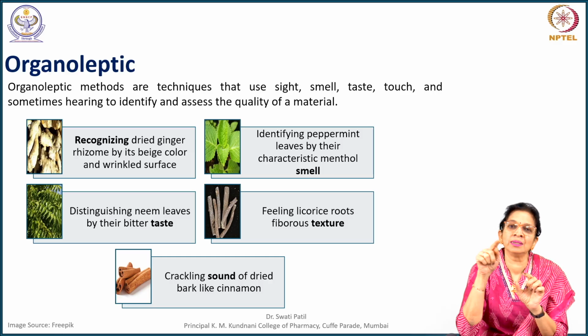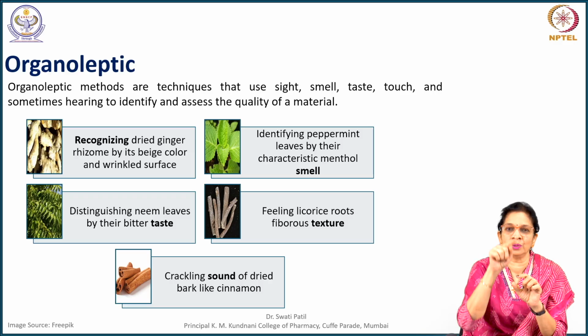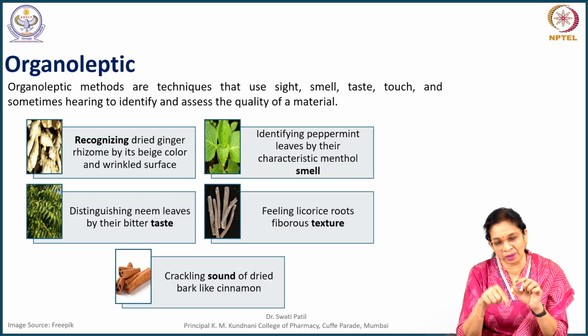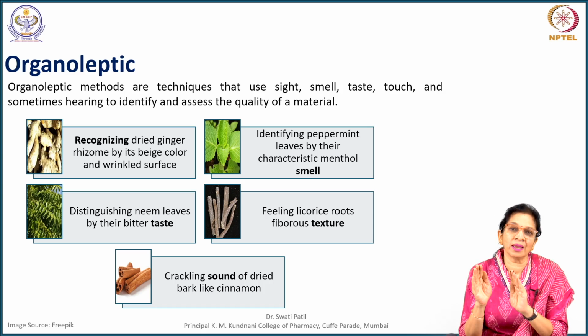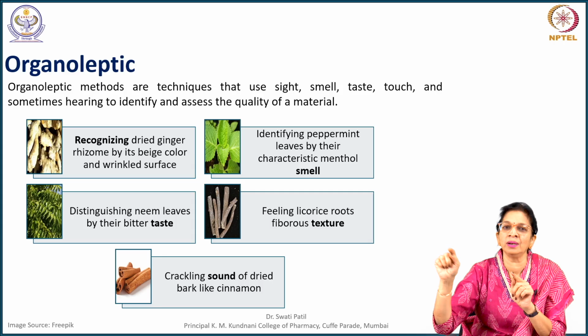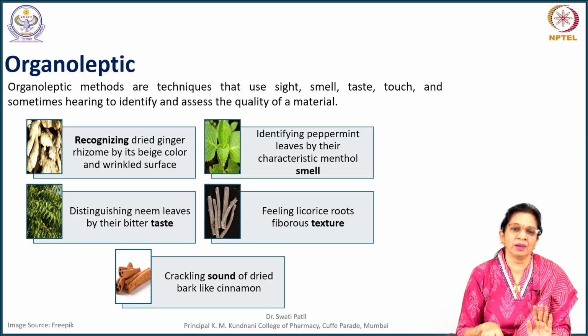You have a branch coming this way, going straight, going right, going down. This is called sympodial branching. Another type is monopodial branching, where it branches only in one direction. These kinds of morphological characteristics help us identify a crude drug.